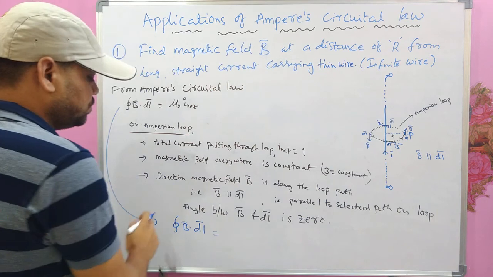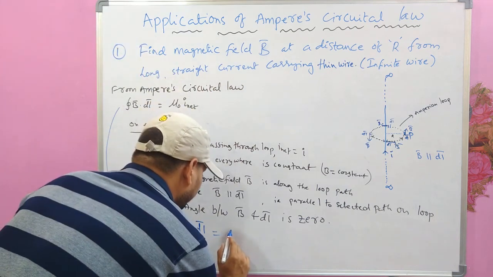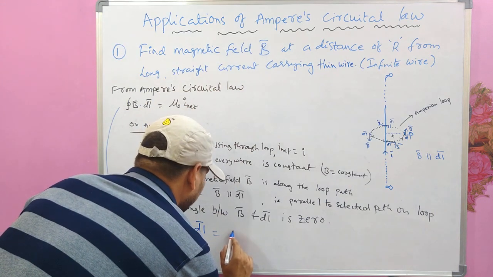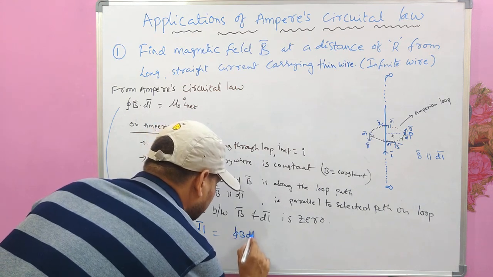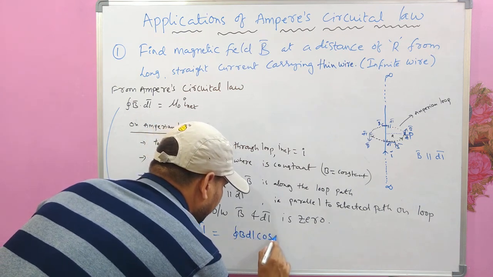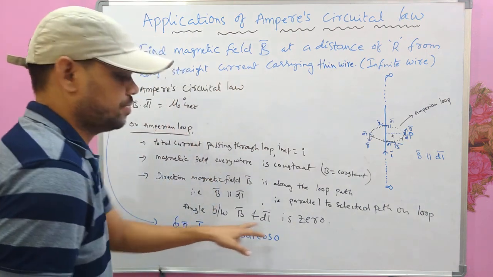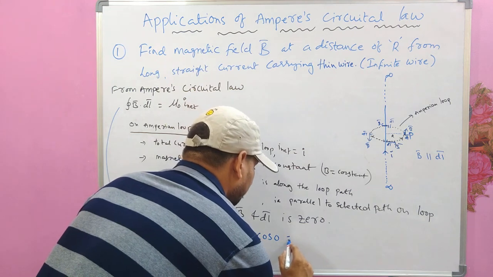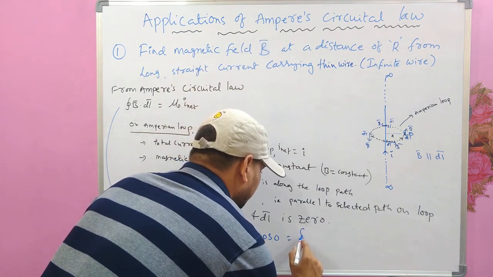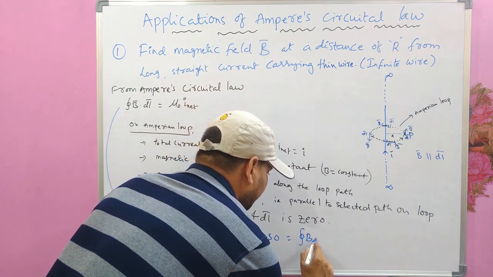If I apply this, I can write integral B dl cos theta, cos 0 here, which can be written as integral B dl.